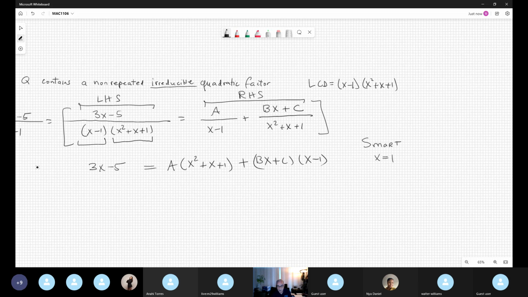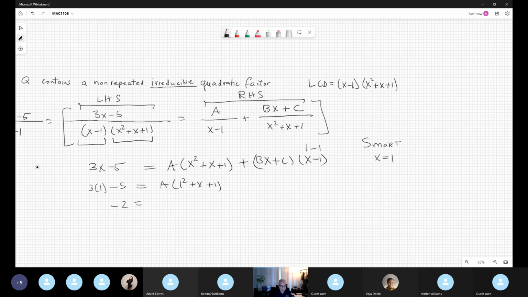Positive 1, because when you plug in 1, 1 minus 1 is 0 and that part disappears, B and C, and stays alive only A. So 3 times 1 minus 5 is equal to A times 1 squared plus 1 plus 1. And that part I don't write because I know that 1 minus 1 is 0, multiplied by everything. 3 times 1 is 3, and 3 minus 5 is minus 2.